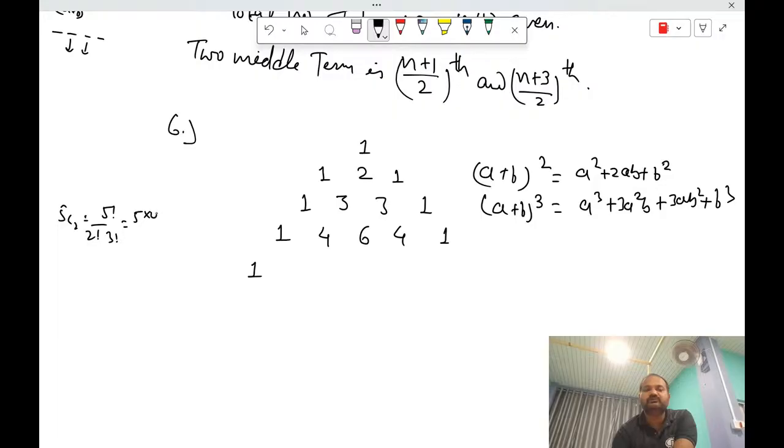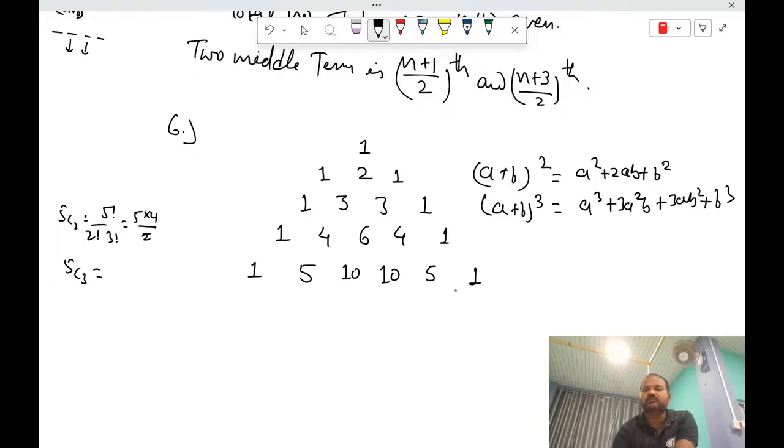So 5 into 4 by 2, it will make 10, and 5c3 will be the same as 5c2, and 5c0. It will make 10 here, and 5c1 will be 5 only. So this one will be 5, 10, and this one will also be 10, then 5, then 1.